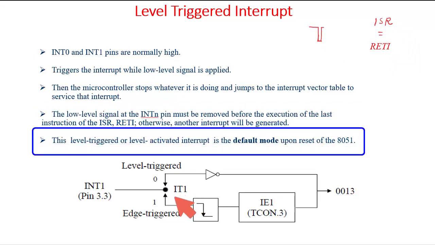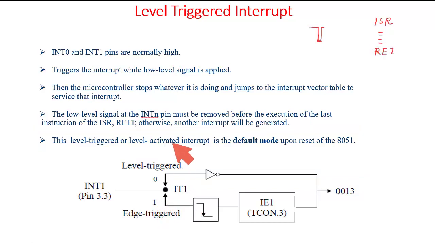In microcontroller operation, if we do not set IT1 to identify whether it is level triggered or edge triggered, then level activated interrupt is the default mode upon reset of the 8051. We can say that after resetting, if we never set IT0 or IT1 as logic 1, it will by default act as level triggered.